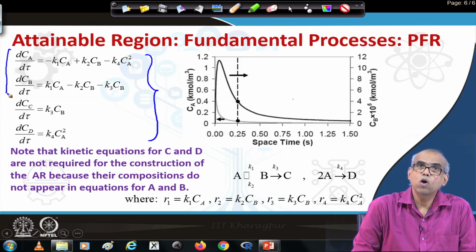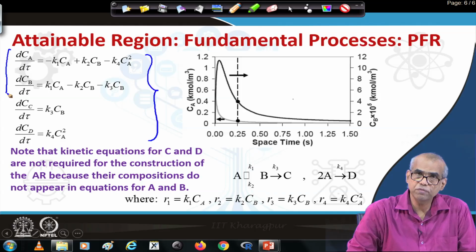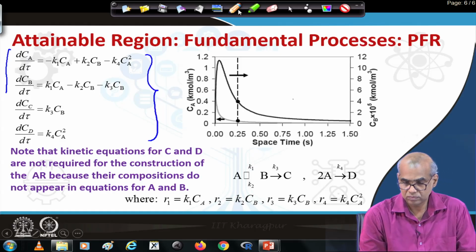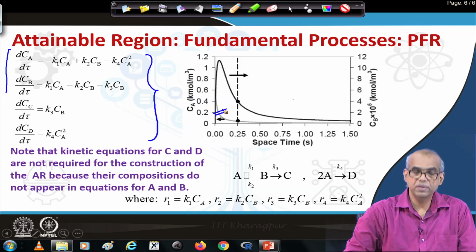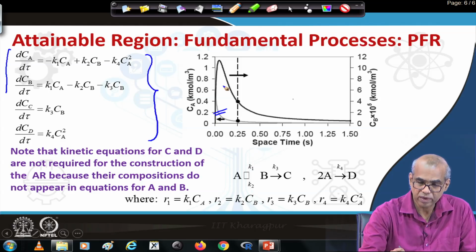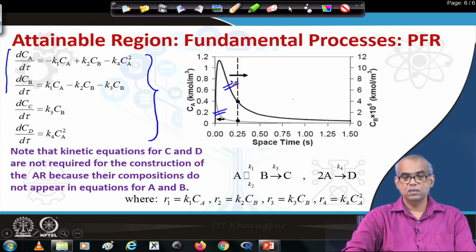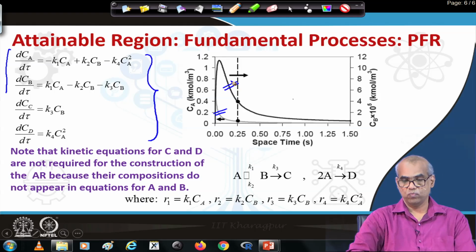So, we solve numerically the first two differential equations with the given values of the rate constants K's and the initial condition on A. This profile represents the concentration of A with space time, whereas this represents the concentration of B with respect to space time tau.